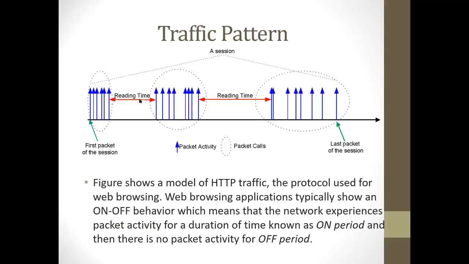Thereafter, you read this page, and then again click somewhere. So then the transfer of some new packets will take place. Then a new page comes in, you read the new page, and then again click somewhere on the page. So it will carry out transfer of some new packets.